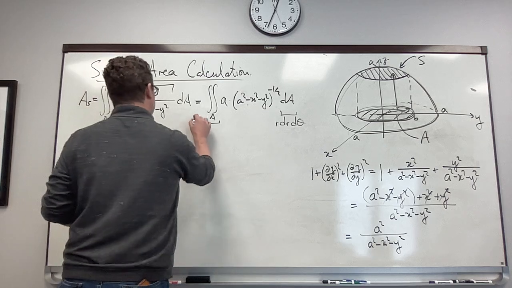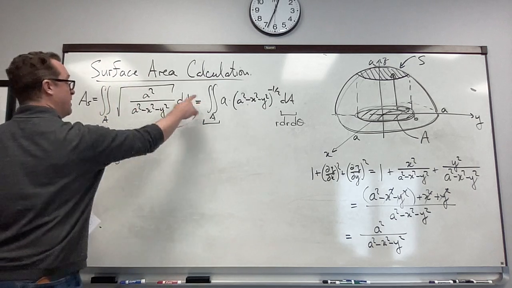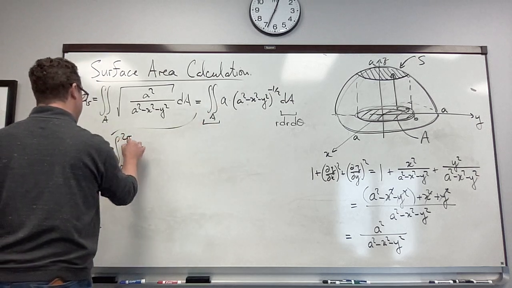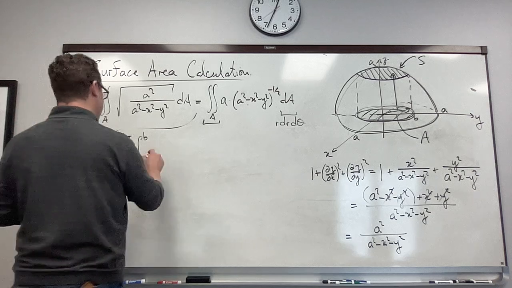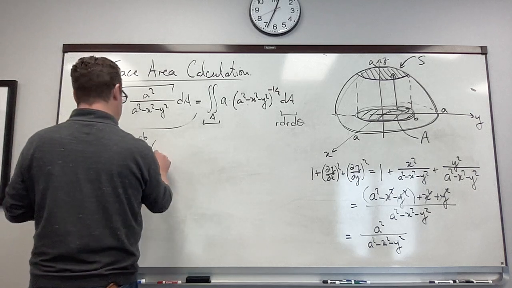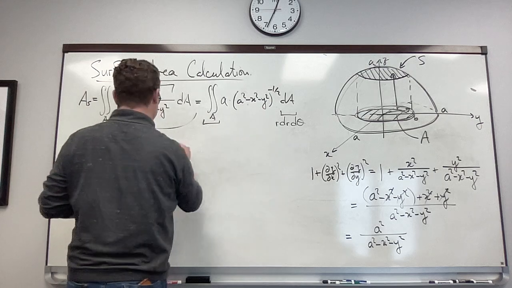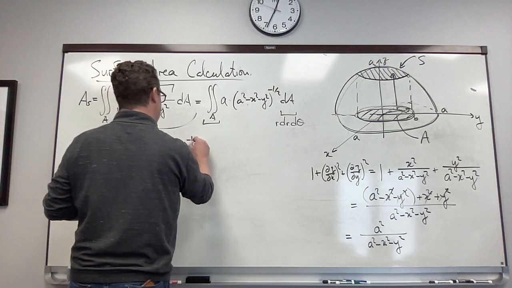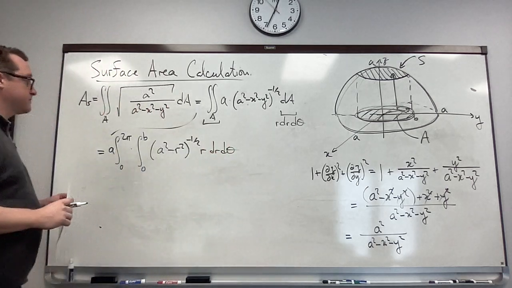So this guy, I'll take the a out front. From there, I'm going to go 0 to 2 pi, and 0 to b. Now, what does this become? x squared plus y squared is r squared. So this is a squared minus r squared to the minus 1/2 r dr d theta.